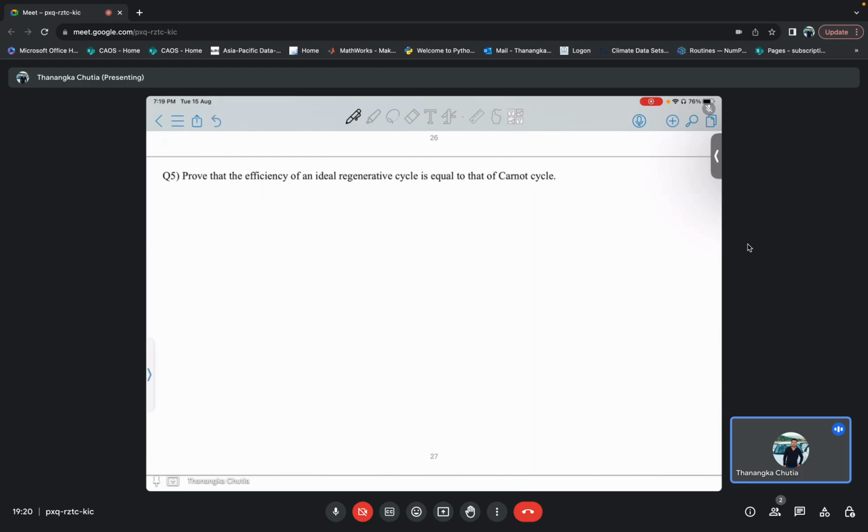First of all, let me draw once again the schematic diagram of your ideal regenerative cycle. This is my boiler, and from the boiler it enters the turbine. From the turbine it enters the condenser, and from the condenser it enters the pump.